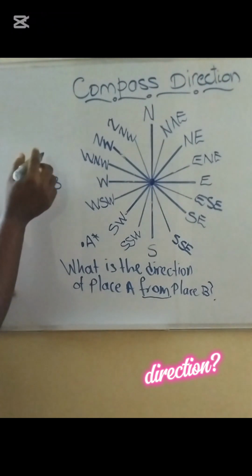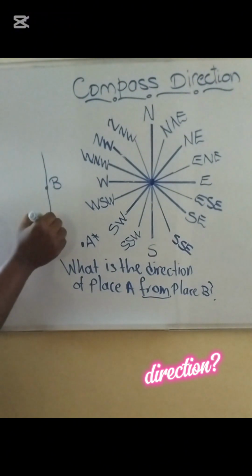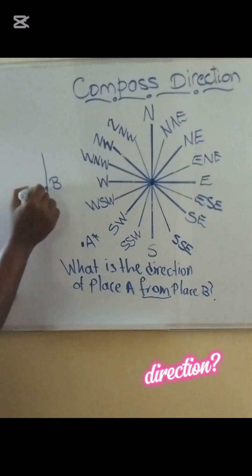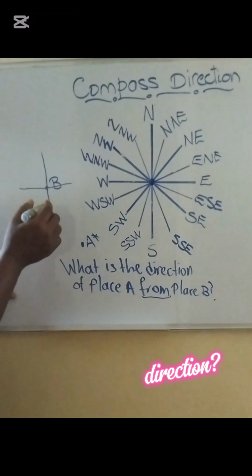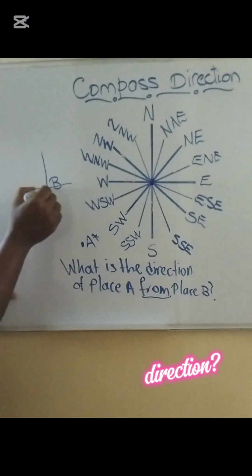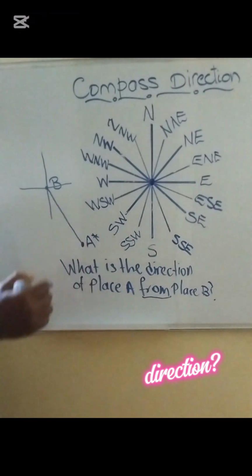So this is where we'd be drawing our 4 cardinal points through, north to south line, west to east, right through, okay? And then we try to use a straight edge and connect both points, right?